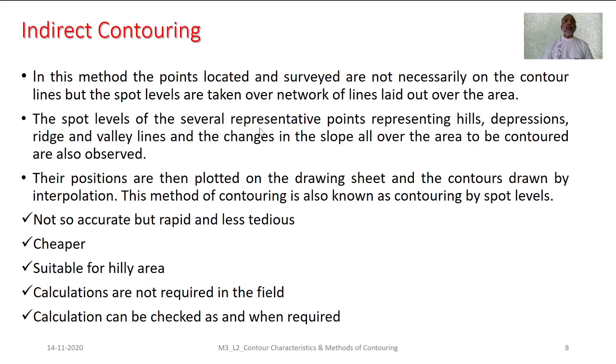The indirect method is the method which takes the reference of some network of survey lines laid over the area under consideration. Here, the spot levels of several representative points representing various land features are taken into account and plotted with reference to the network of survey lines as one comes to the office.